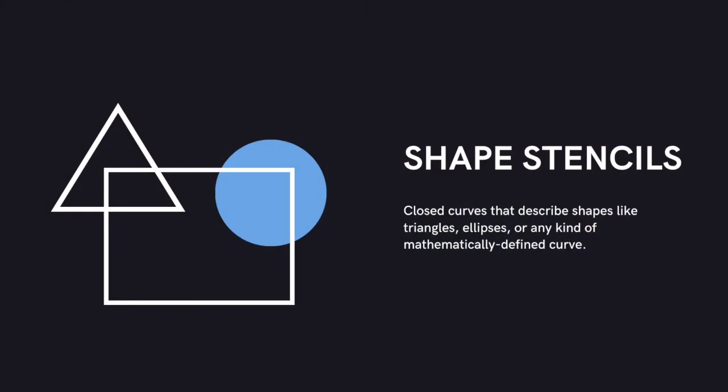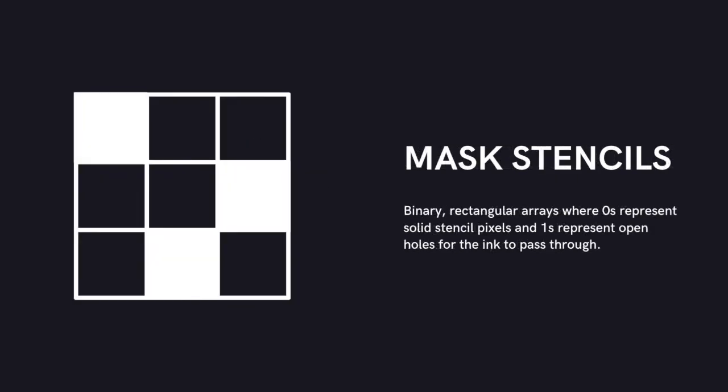Shapes are closed curves that describe geometric shapes like triangles, ellipses, or any kind of parametrizable curve. Masks, on the other hand, are binary two-dimensional arrays, where zeros represent solid stencils that obscure ink and ones represent open holes that allow ink to pass through.